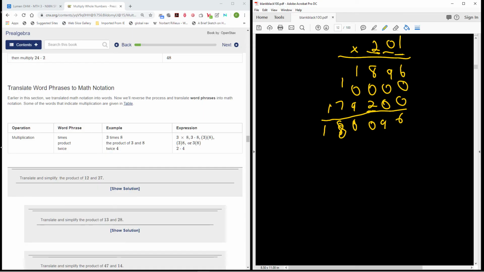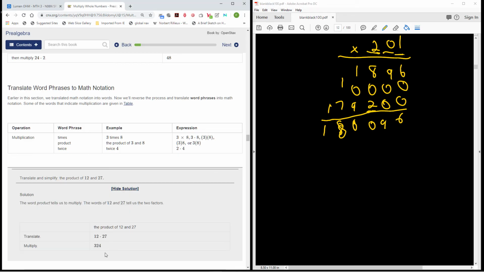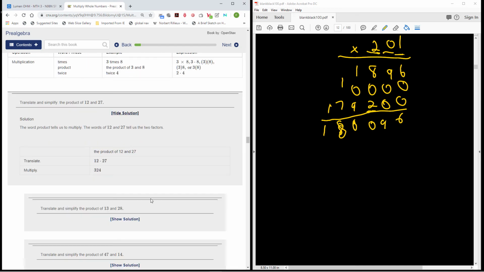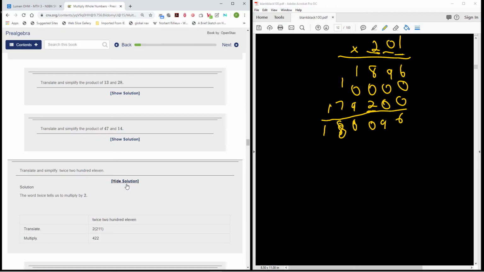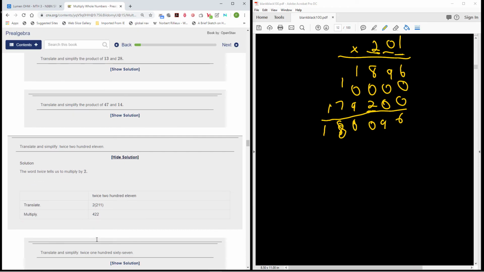So they want to translate 12 times 27, and you multiply it. Twice 211 would be 2 times 211, and you multiply it, it's 422.